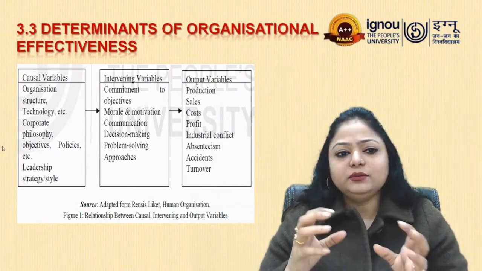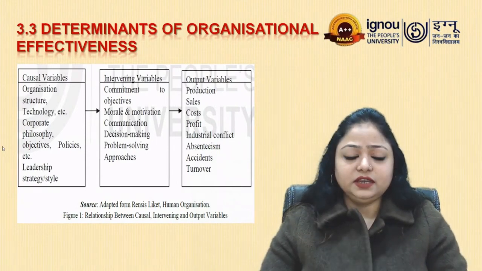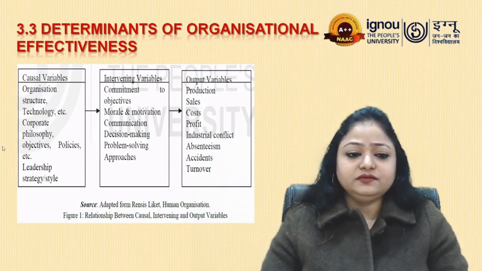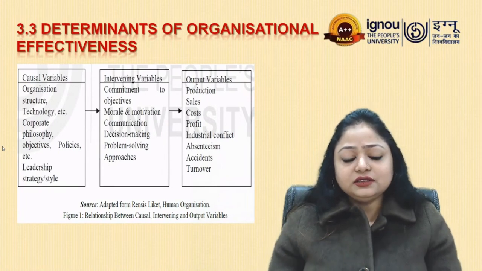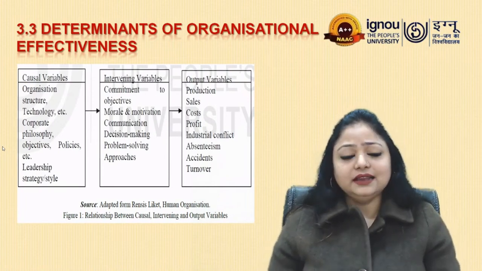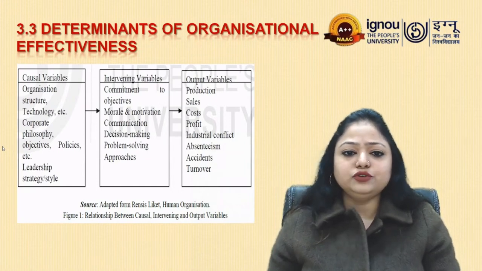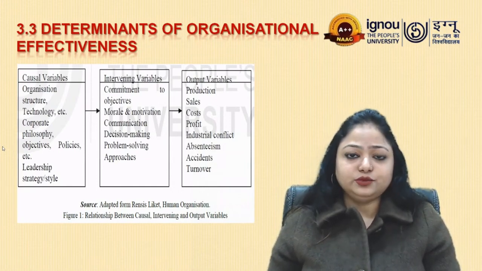And the causal variables as well as intervening variables together give us the output variables, and due to the interdependency and interaction of these two classes of variables, they lead to the output variable. What can be the output variables?